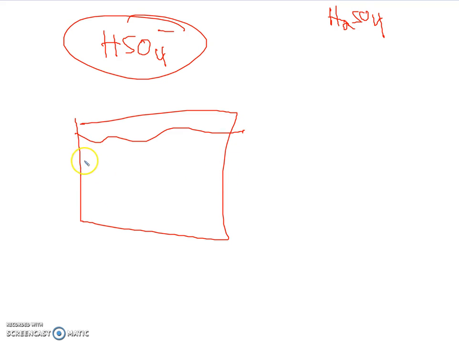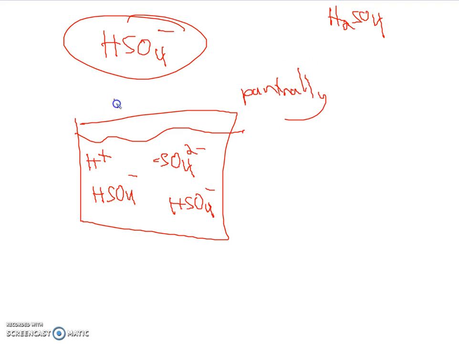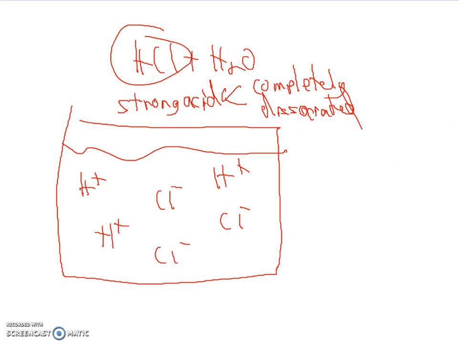If you put this in water, it's still going to give away some H+, so now we have SO4, but it's going to be 2 minus, because it was already 1 minus. You're going to have some of those, but most of it is still going to be the combined version. So it's only partially dissociated. This is a weak acid, partially dissociated, whereas the strong acid is completely dissociated.